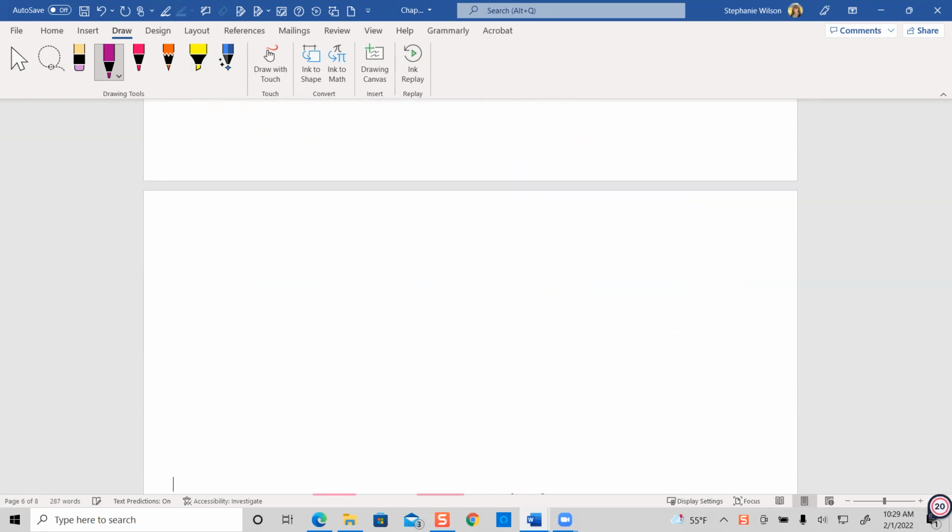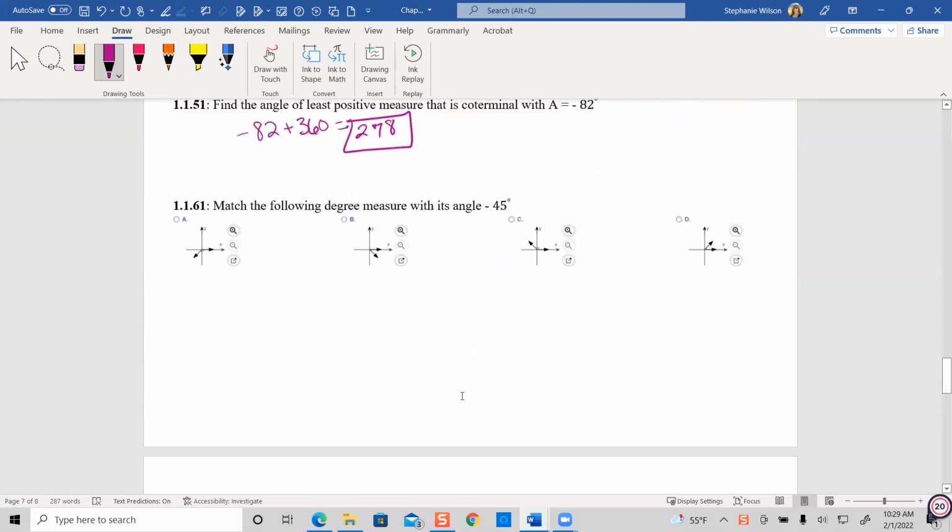So let's check out this next one here. It says match the following degree measure with its angle of negative 45. So how do I know where a negative 45 is? I mean, we know if it was 45 degrees, that's in the first quadrant, but we're talking about negative. So I'm going to take that 360 degrees, subtract that 45.